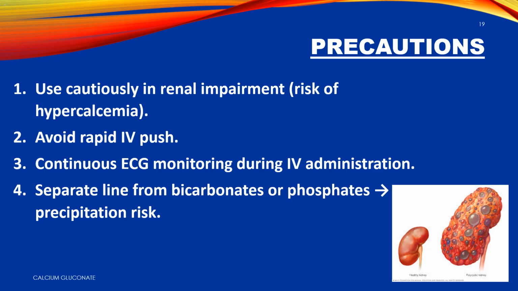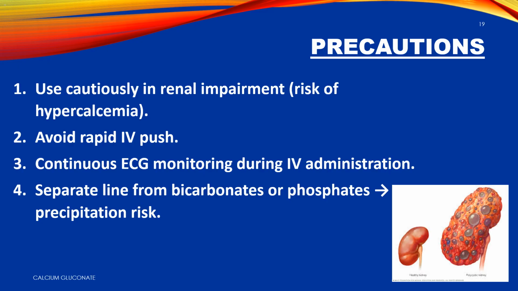Precautions for calcium gluconate administration. 1. Use cautiously in renal impairment. Patients with kidney impairment are at higher risk of developing hypercalcemia, so calcium gluconate should be used with caution in these individuals. 2. Avoid rapid IV push. Rapid administration can cause adverse effects such as hypotension and arrhythmias, so calcium gluconate should be given slowly. 3.